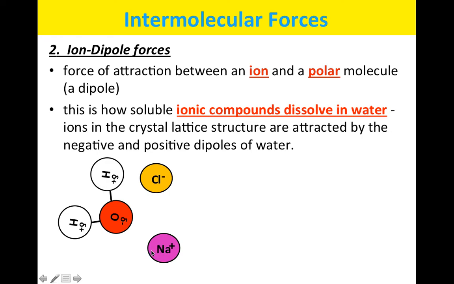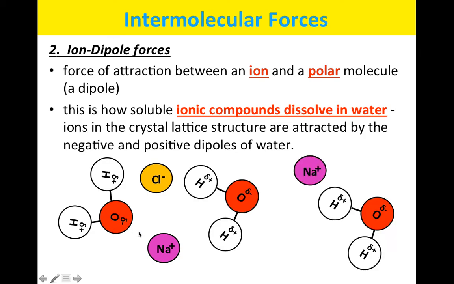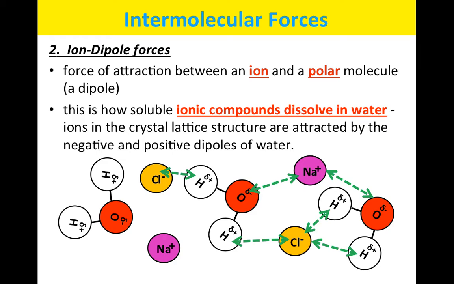However, when I throw in a polar molecule, the negative oxygen is going to be attracted to the sodium, and the chloride is going to be very highly attracted to the hydrogen. All of these ions will then be pulled apart into solution because of the polar water molecules.